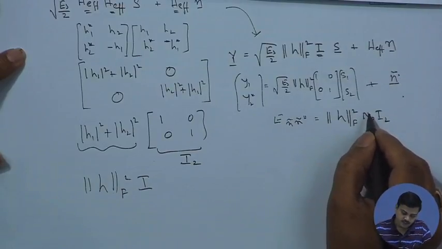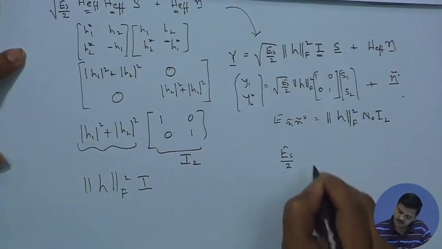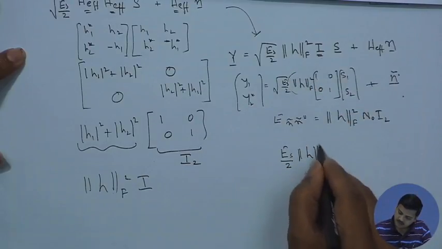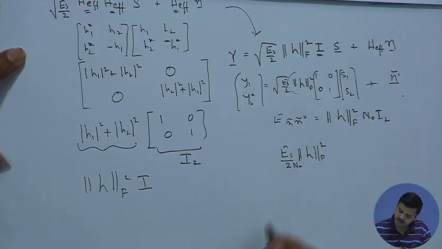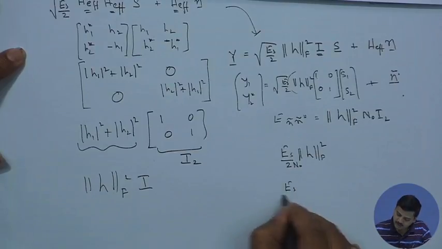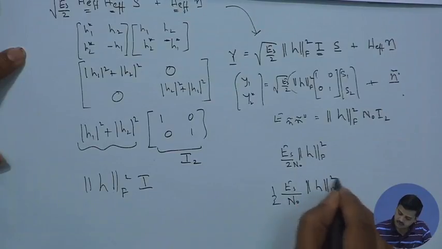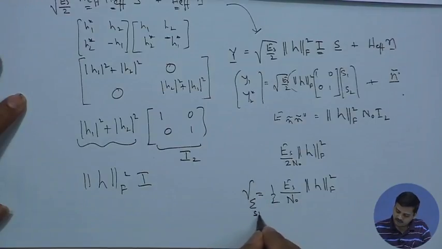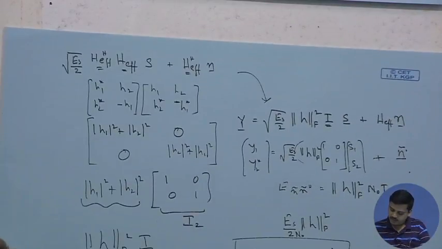So if you have to calculate the signal to noise ratio for each of the branches, we will be getting Es by 2 squared divided by this squared, so it's basically ||h||_F² times, and this N0 will turn out in the denominator. So we have Es by N0 times half times ||h||_F². So this is the effective SNR because of the Alamouti scheme that we get, and which will be useful for us in calculating the error probability expression.